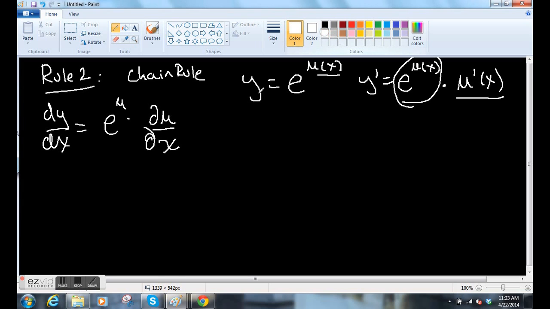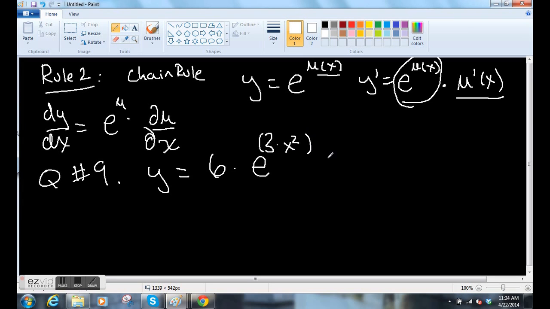Here is an example of this type of problem. Question number 9. Suppose we have y equal to 6 times e to the 3x squared. All of this is the exponent. Now our exponent here is sort of complicated, but we're going to use our new chain rule formula. The constant stays out front.